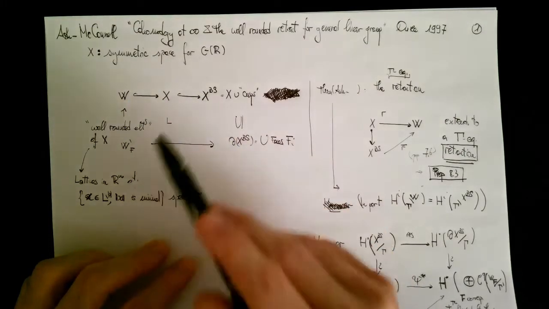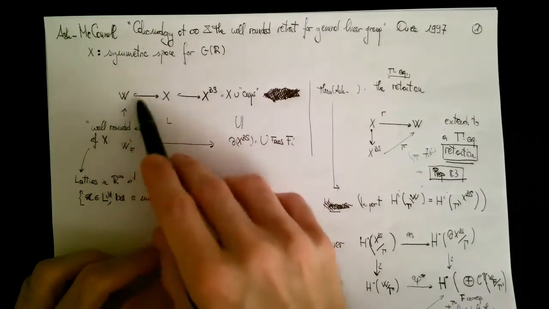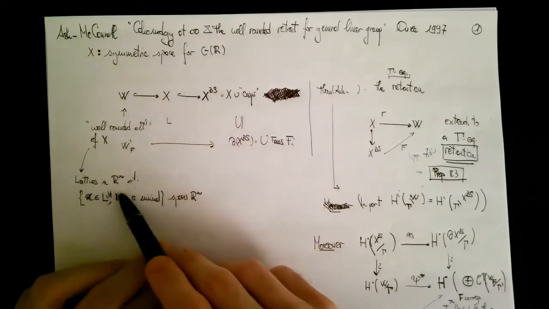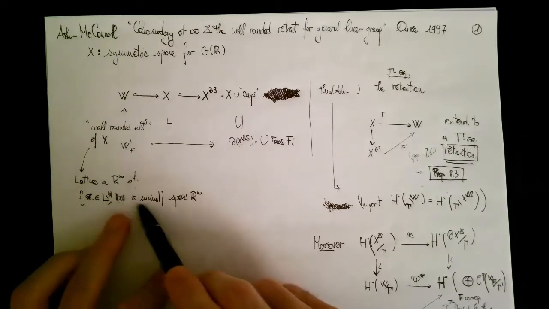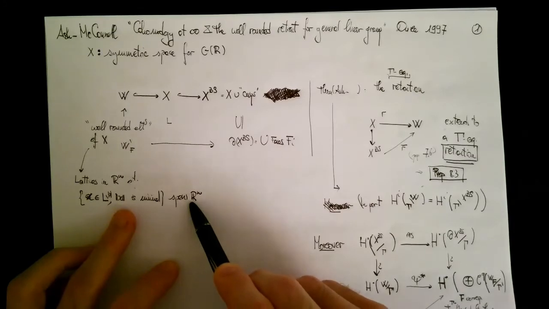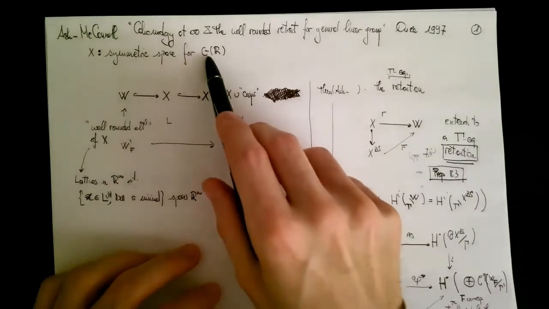Gamma is the congruence subgroup. So this space is the space of so-called well-rounded elements. So they are lattices such that the set of minimal length elements spans R^n. N is the dimension, it's the GL_n, not the JL_n.